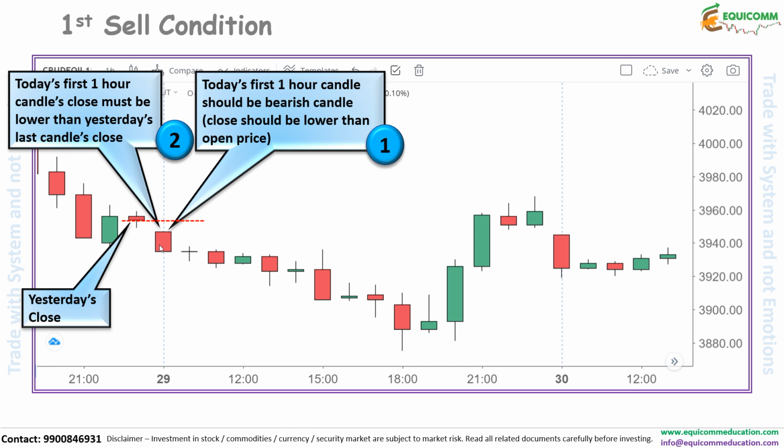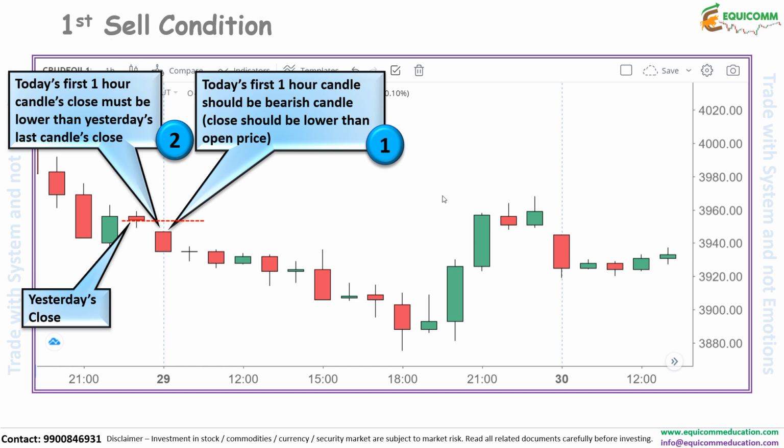So this first candle's close is lower than yesterday's last candle, meaning that is the second condition. So if these two conditions are met, then only we have to think about the sell. I'll repeat, when these two conditions are met, then only we should think about going for a sell.